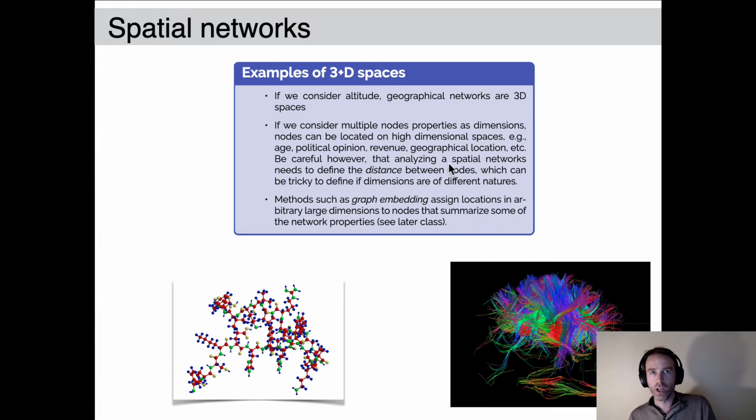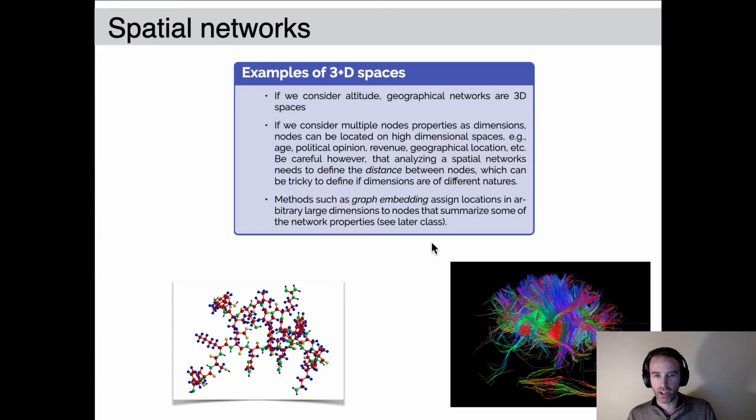For instance, if you consider age and political spectrum and geographical position, you have a large number of dimensions, and you can imagine that you will create a notion of distance between individuals that depends simultaneously on geography and political opinions and age and so on. But you need a proper definition of distance, which can be difficult in this case.